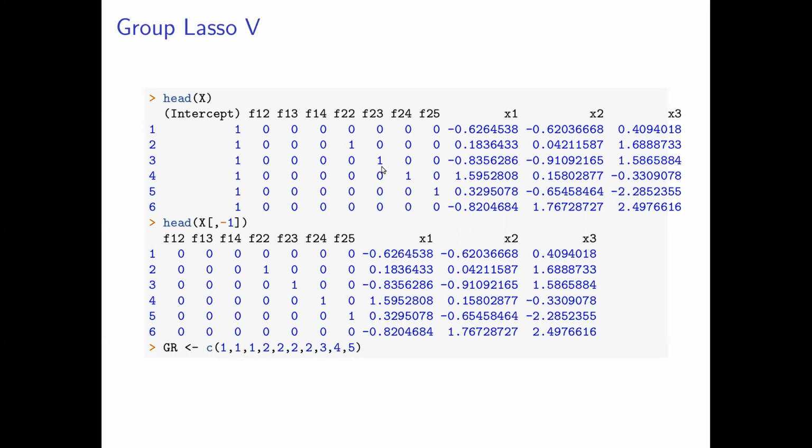And this is also the reason why we have to group these columns of zeros and ones together, because the original lasso algorithm treats each of the columns of this model matrix separately and independently, ignoring completely that this one and this one belong to the same first factor variable, and this one and this one all belong to the same second factor variable.